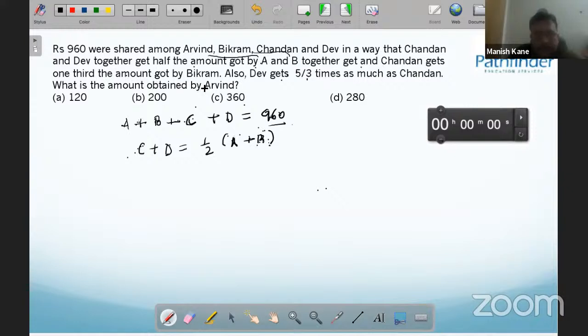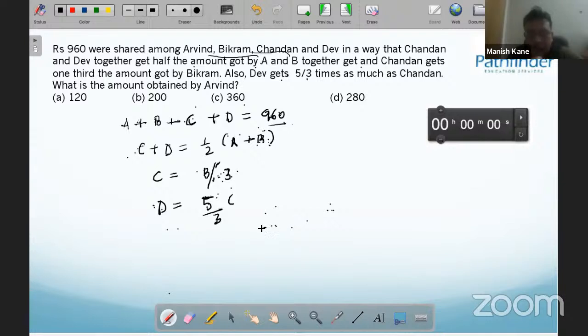Chandan gets one third the amount got by Bikram. So Chandan must be one third of Bikram. So B by 3. Chandan must be B upon 3. Correct? And what about Dev? Dev gets 5/3 as much as Chandan. So 5 by 3 times Chandan is obtained by Dev.